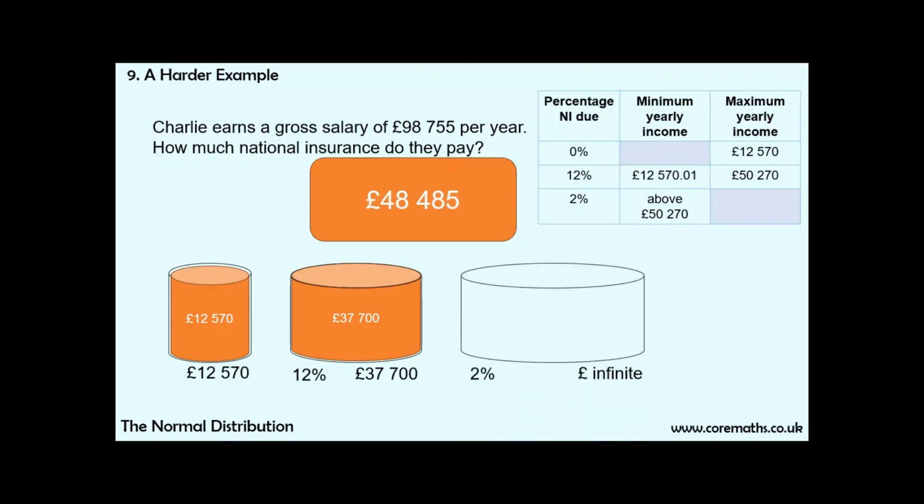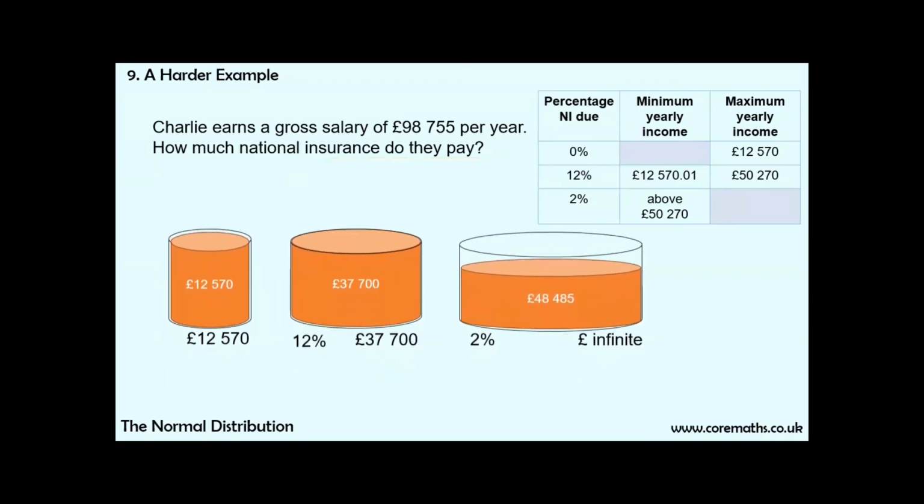So I need a bigger cylinder for the last section, the 2% bit. I've put infinite. I suspect there's some laws that means it's probably not technically infinite. But for the sake of what we're doing, any extra money that goes past the first two cylinders is in that 2% bracket. And there we go. I should move all that up out of the way a minute.